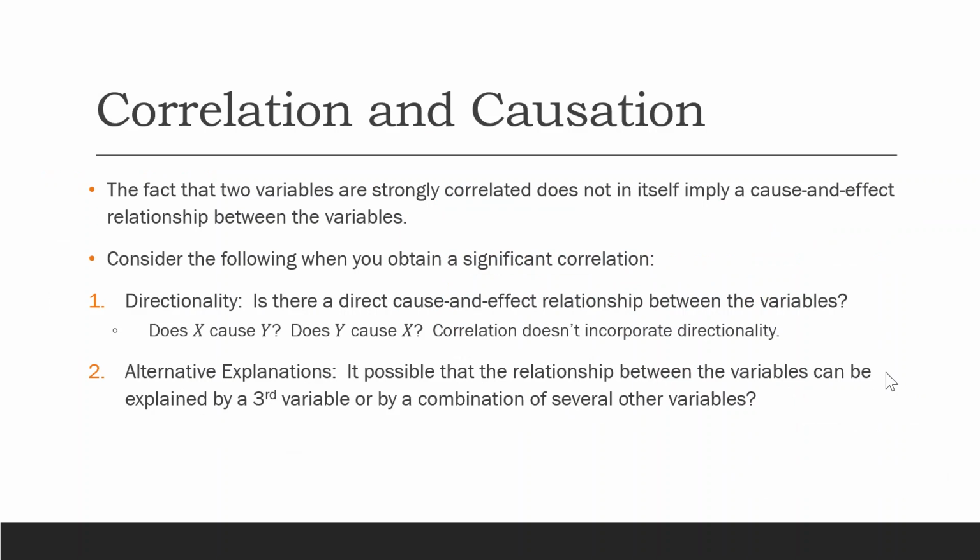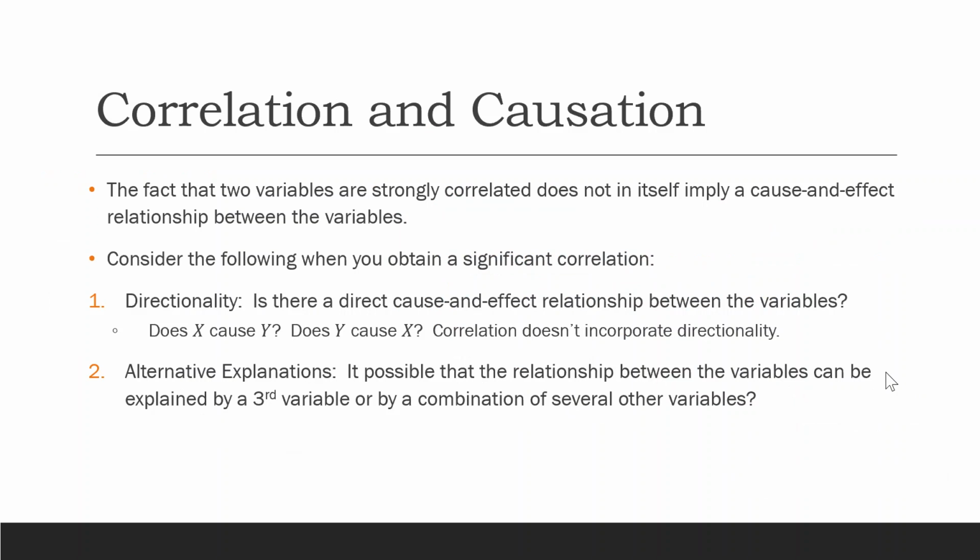Now, one of the things that we always have to remember, especially when we do studies involving the correlation coefficient, has to do with causation. The fact that two variables are strongly correlated does not in itself imply a cause and effect relationship between the two variables.